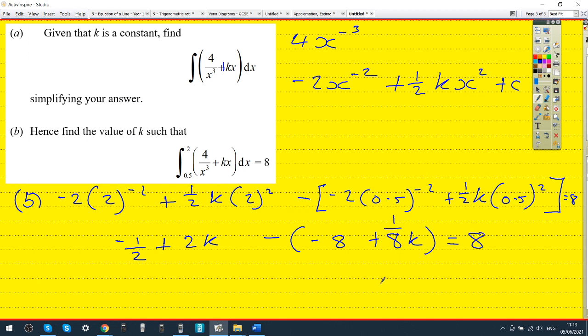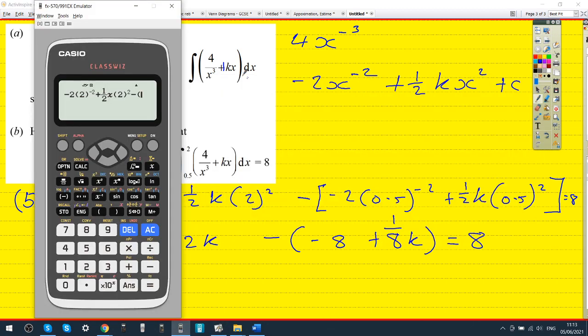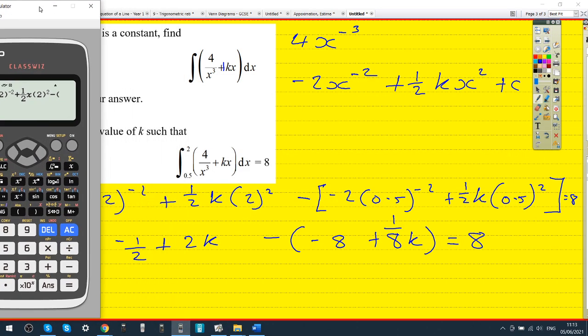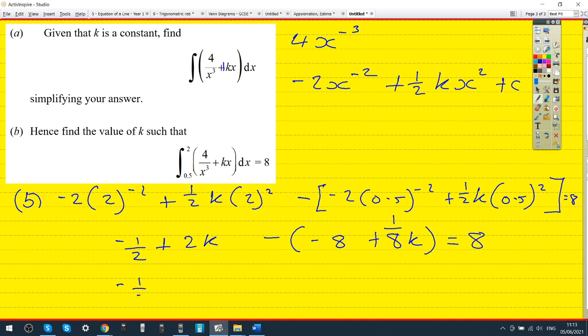An eighth. Okay. How do we solve? And then you can simplify that down. Should we get rid of the bracket now? It'll be easier. Yeah. So it'll be plus 8 now. And then plus 1 over 8k equals 8.